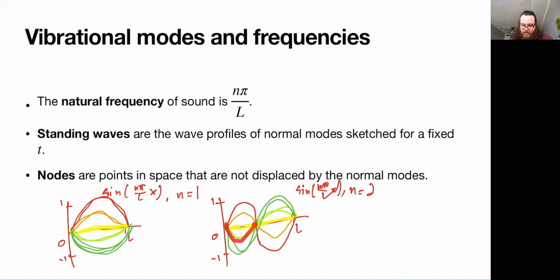Time evolves more, then it's going to go back to what we've already traced. Okay, right, so these are just sketches.